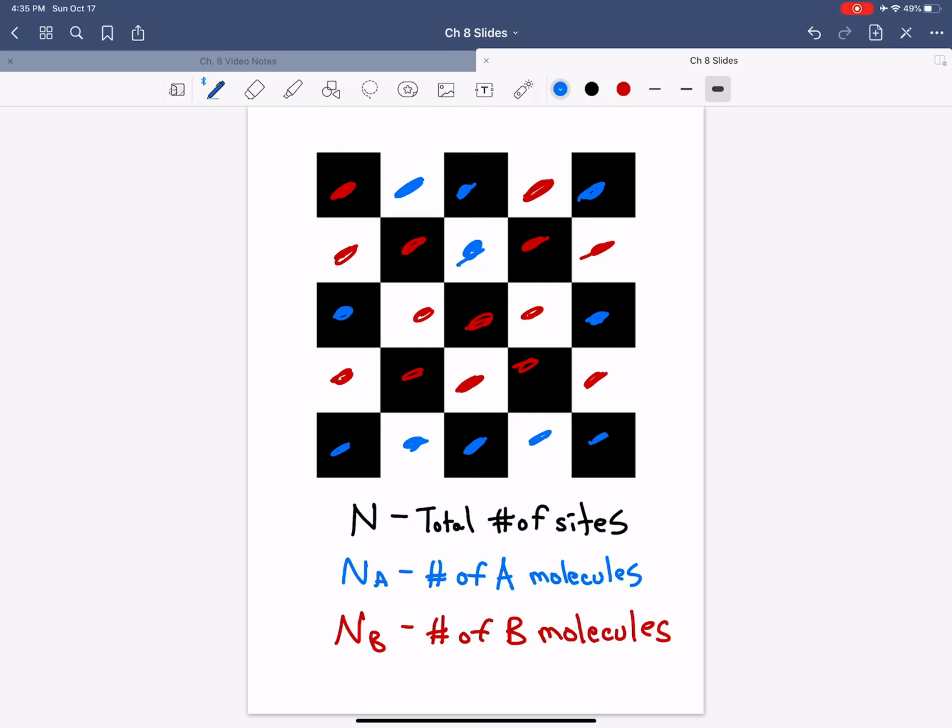And so that's another possible configuration of how we could arrange the molecules in our system. Okay? And so tying back to what we saw in chapter 5.5, the different ways we can arrange the molecules in our system is known as the multiplicity.